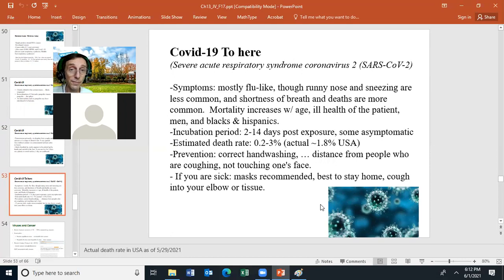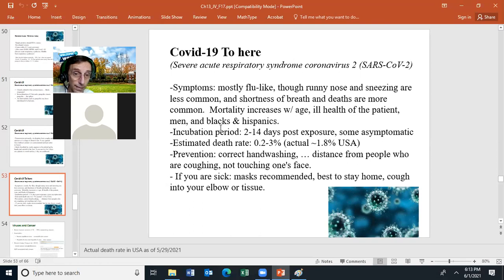Some symptoms of COVID-19 include flu-like symptoms, though runny nose and sneezing are less common, and shortness of breath and deaths are much more common with COVID-19 than with the flu. The mortality rate of COVID-19 increases with age and with the ill health of the patient. It's more common in men than in women, meaning men are more likely to die of COVID-19 than women.